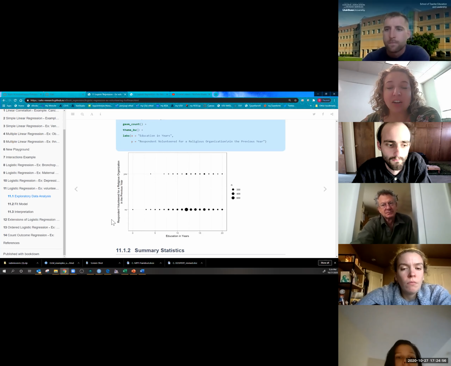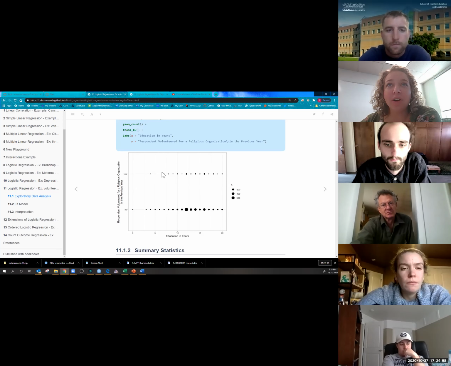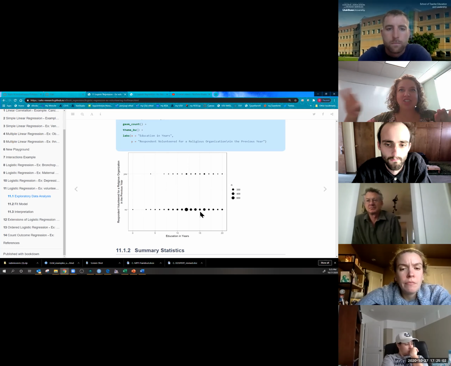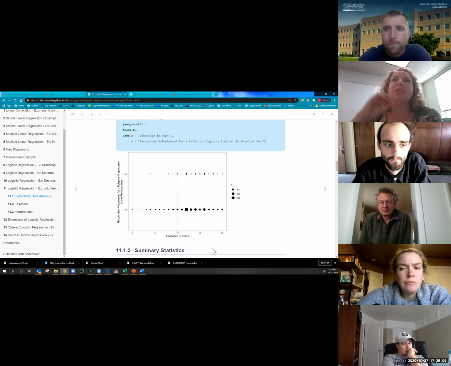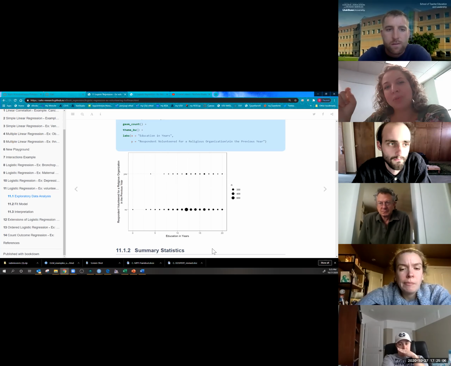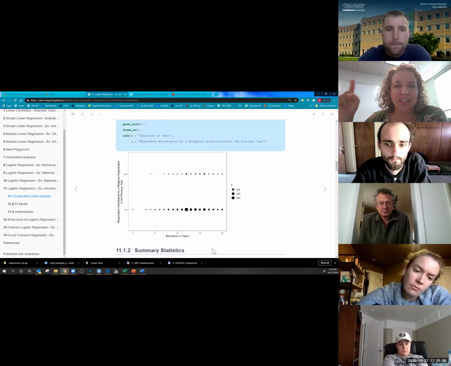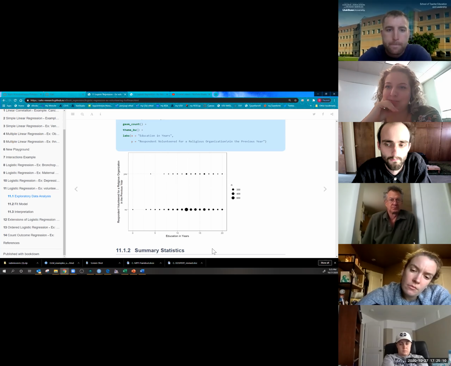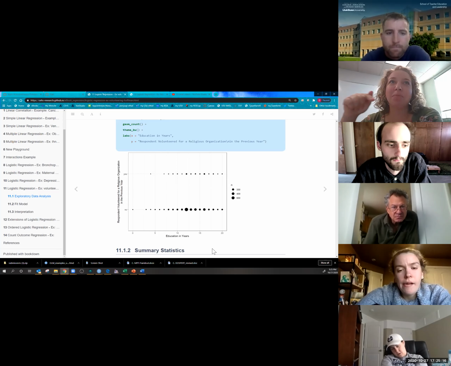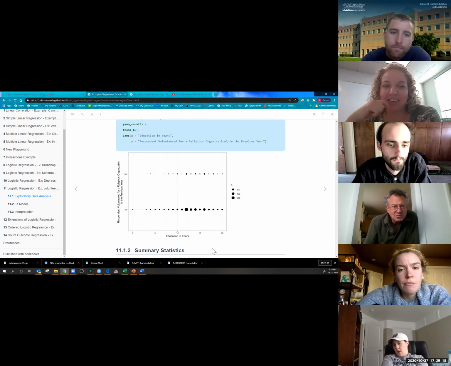So their answers to that question were either no or yes. If we look at the scatter plot, depending on their education, does there seem to be a relationship between education and volunteering?